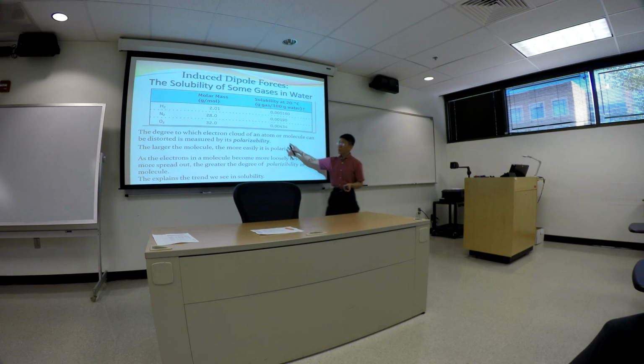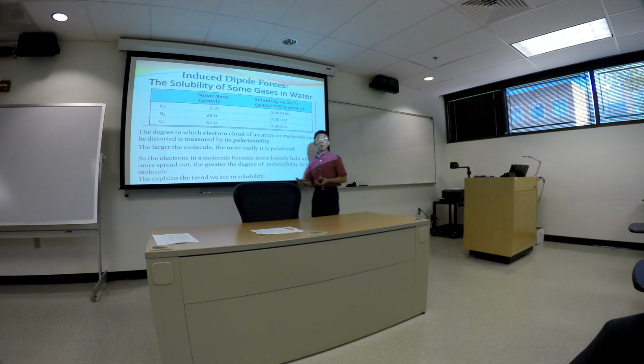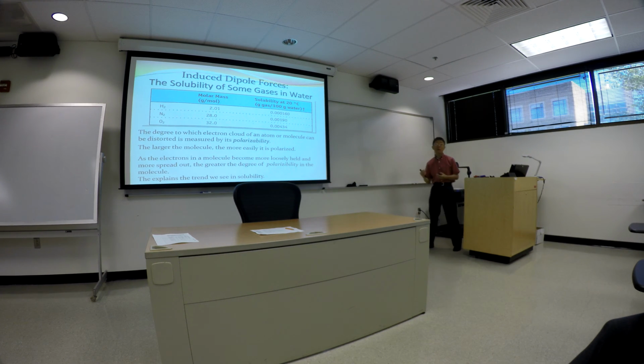And this explains why, when you have an increase in molar mass, you see an increase in solubility, because it's getting easier and easier for water molecules to polarize the larger molecules. So size actually matters here, and it makes a difference in terms of solubility.